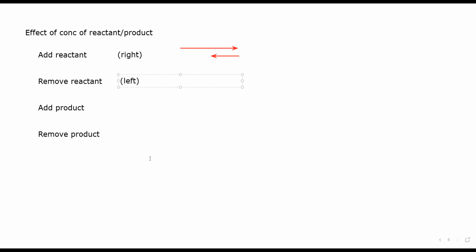If equilibrium is shifted towards the left hand side, when I draw the arrows, the right hand side arrow should be shorter and the left hand side arrow should be longer. I can just use these arrows as a representation of shifting of equilibrium between the reactant and product. If we add a product, where will the equilibrium shift?